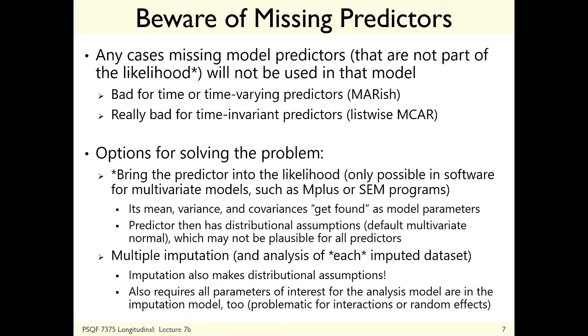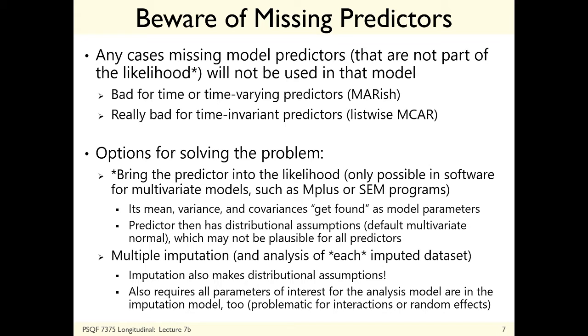However, the mechanism by which they do that is to bring the predictor into the likelihood as an outcome. So for instance, in M+, if you mention any of its distributional properties, mean, variance, covariance, as part of the model, you've brought that predictor into the model and it is functionally an outcome, even if it's not being predicted by anything.